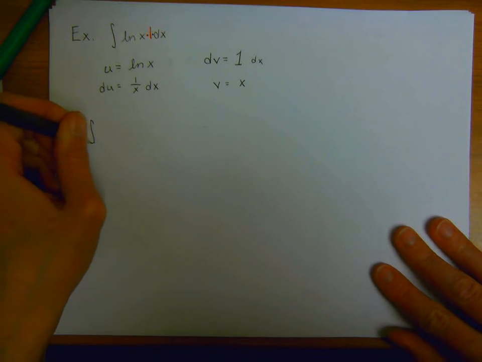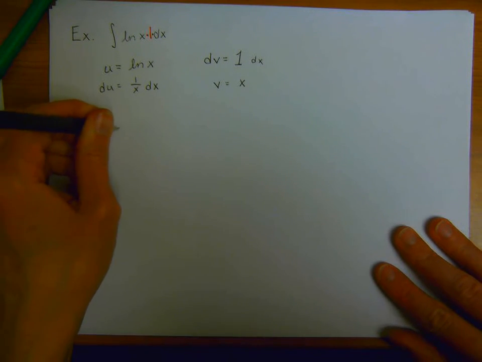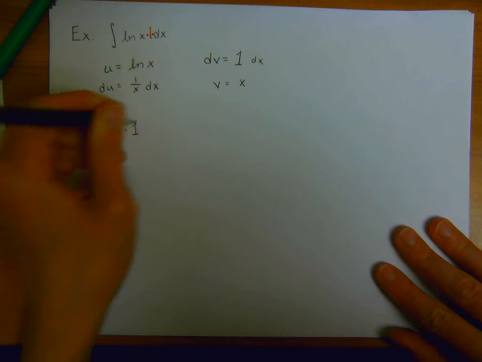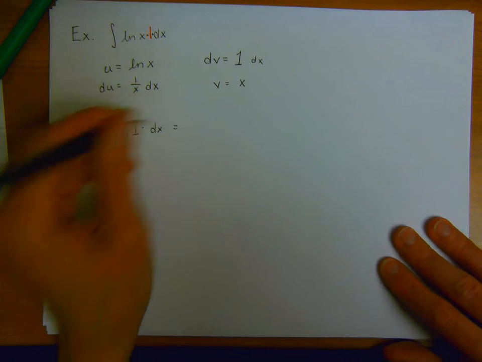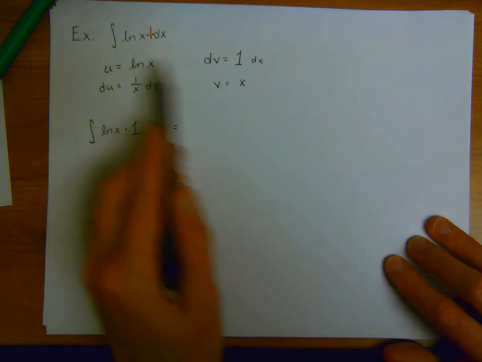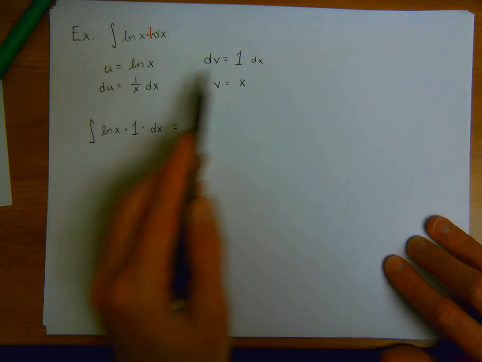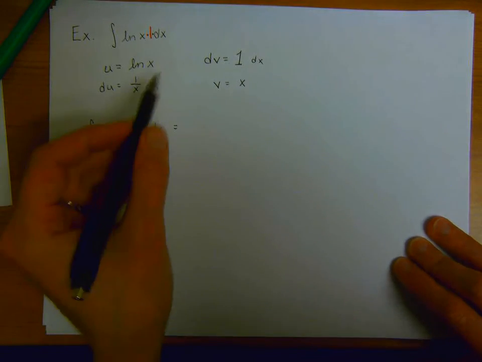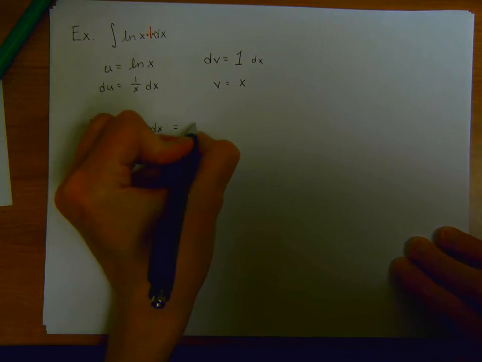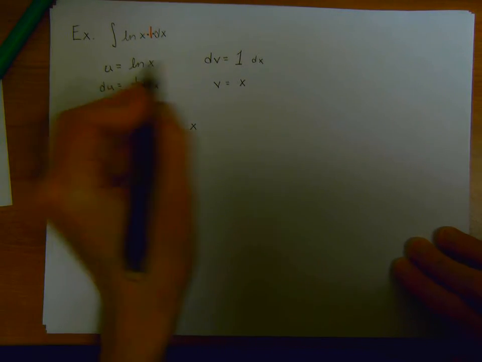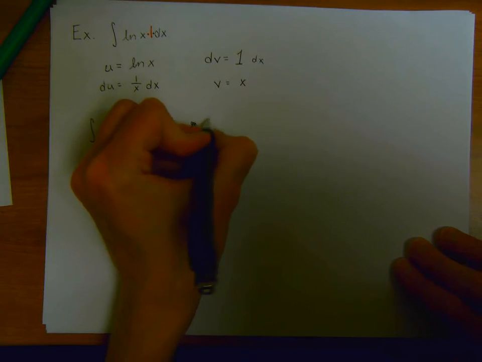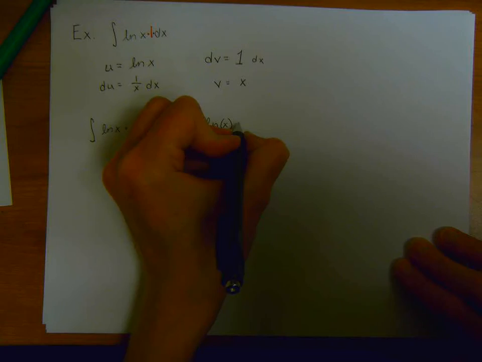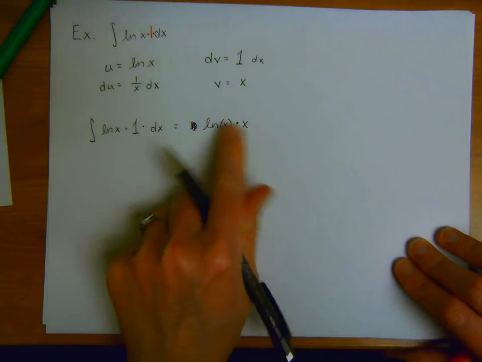So, by integration by parts, the integral of the natural log of x times 1 dx is uv minus the integral of v du. So what is that? uv is natural log of x times x, and be careful, that's not an x squared.